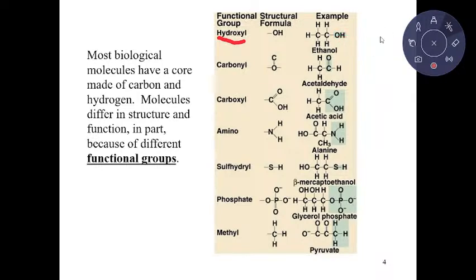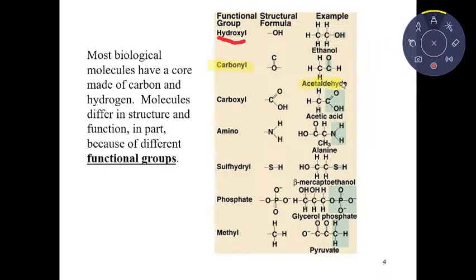And next, the carbonyl group. The carbonyl functional group has the structural formula C double bond O, and O is connected to two other bonds. For example, we'll take acetaldehyde.